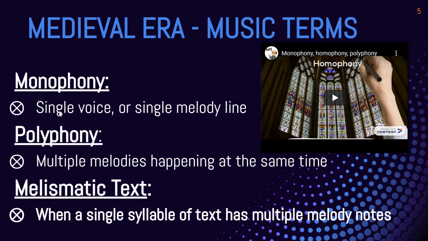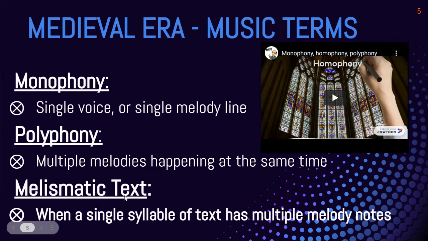That's where it was the single voice or a single melody line. That's what we just heard in Gregorian chant. Polyphony was when they started adding multiple melodies happening at the same time. Again, they were wanting to create more exciting music and experimenting with how to do so. So they started experimenting with polyphony.